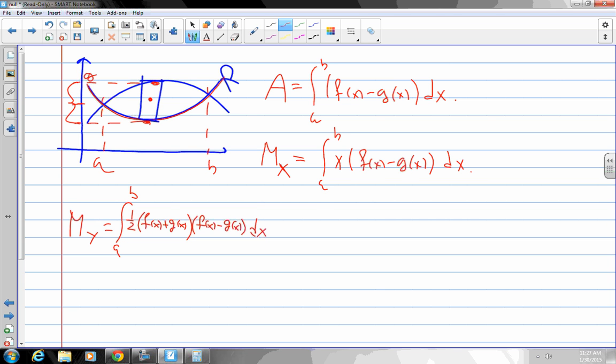So then with just some simple algebra, we'll get the integral from a to b, 1/2, and then it's just the difference of squares. So it's f of x squared minus g of x squared dx. So this is when we're dealing with two curves.